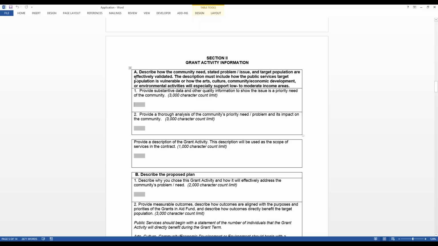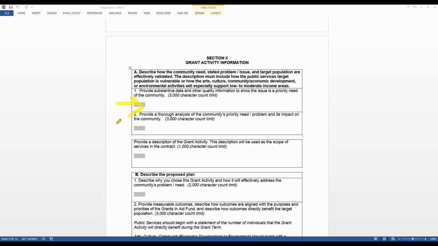Okay, let's get to section 8. First question. For this particular question, we're looking at the type of data and the quality of your information that will prove that your issue is a priority need in the community.